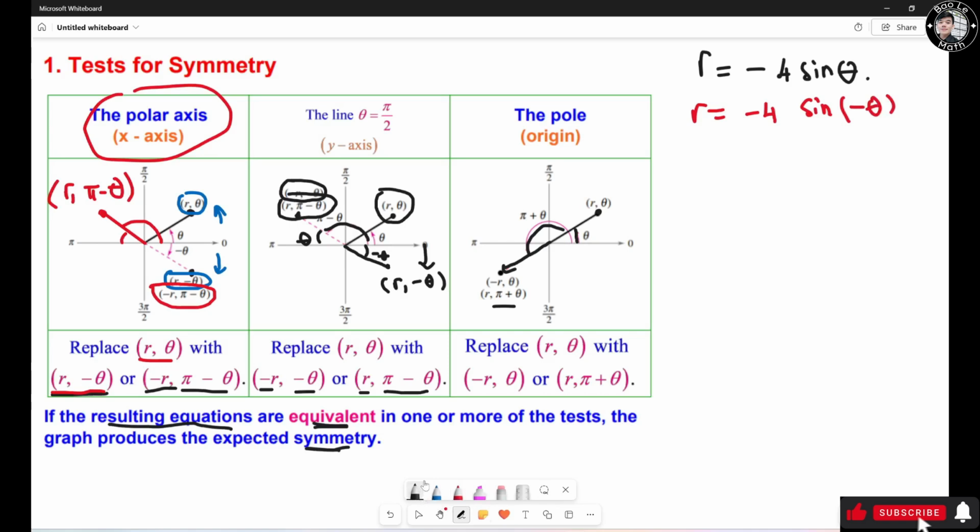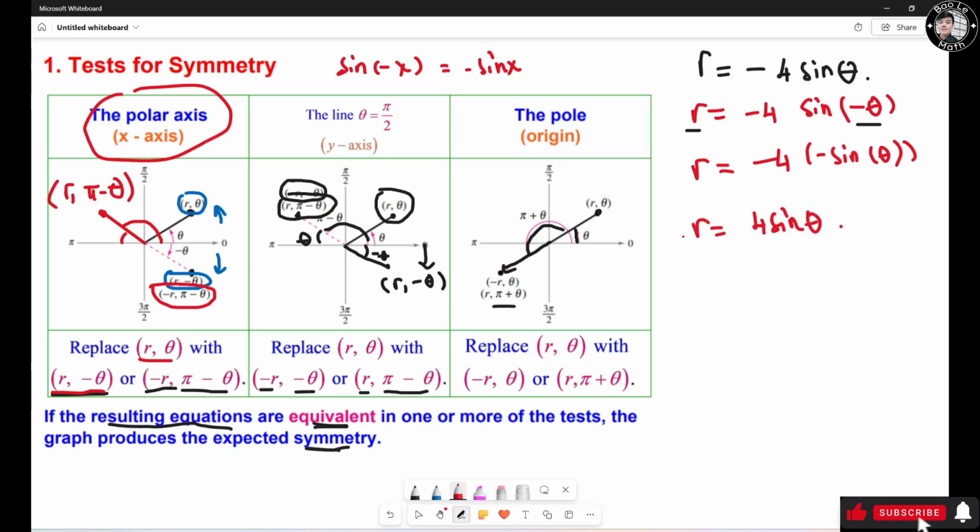Then it turns out to be r equals negative 4 times negative sine of theta, because the sine function is odd, so sine of negative s equals negative sine of s, so keep that in mind. This one turns out to be r equals 4 sine theta, and this one is different from the original one. So the function right here does not have the polar axis as a symmetry.